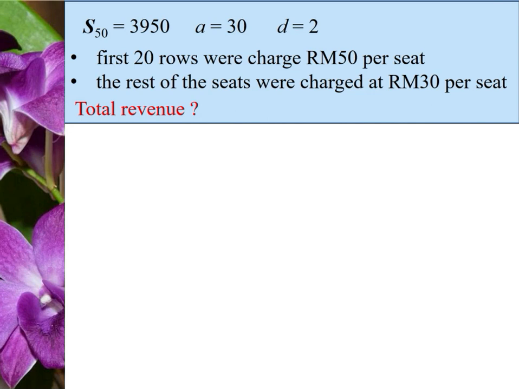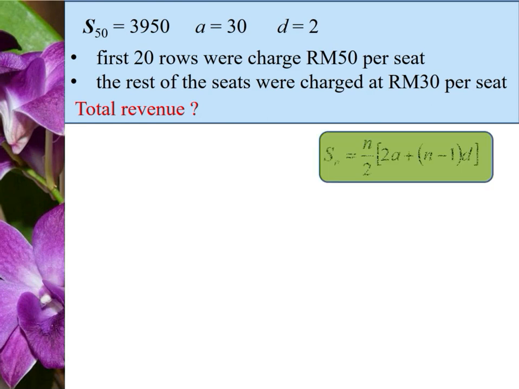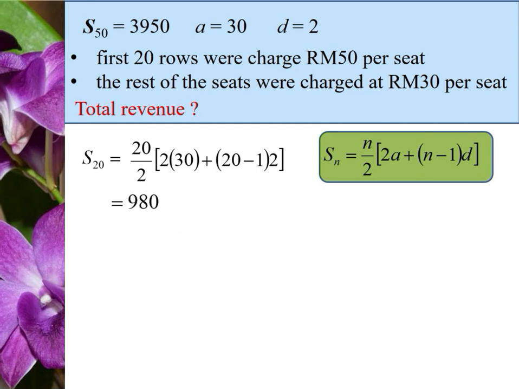So how to find the total revenue? To find the total revenue, we have to first know how many seats are in the first 20 rows, because the first 20 rows were charged 50 ringgit. And then we should find the number of the remaining seats and multiply it with 30 ringgit per seat. So the sum of the first 20 rows has 980 seats.